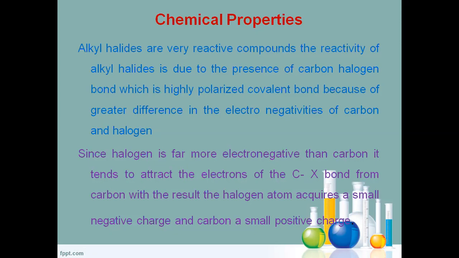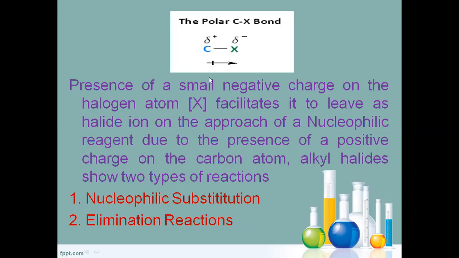Carbon has less electronegativity and halogen has more electronegativity, so the electrons migrate towards the halogen. So halogen gets the partial negative charge and carbon gets the partial positive charge.